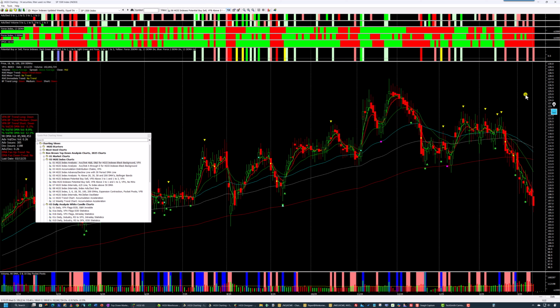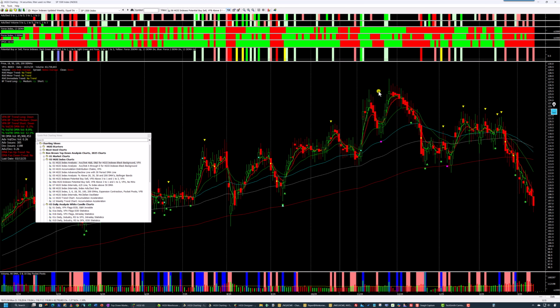Now going back here, see the red bars up here, and this is a hard sell signal, but it went a few more days and then it stopped and started turning around. Here was a yellow, which is an early buy, and then a confirmation of that, and you can see several bars here.